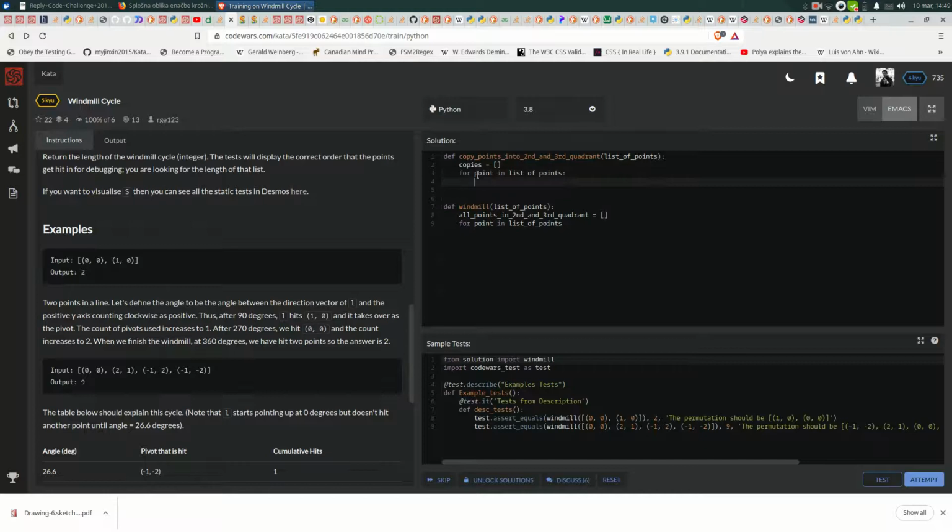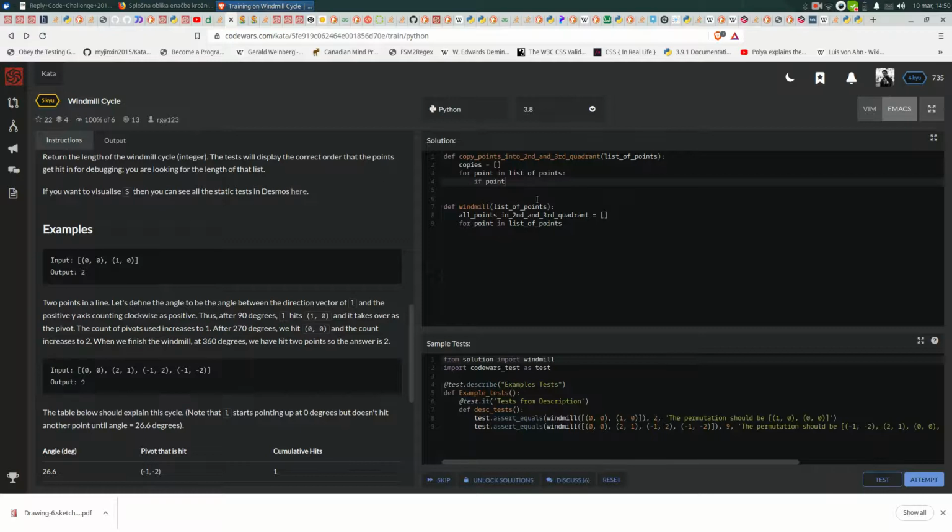And in the end, what we will always do, we always say copied point, or here we just say if point, that's a tuple, right?